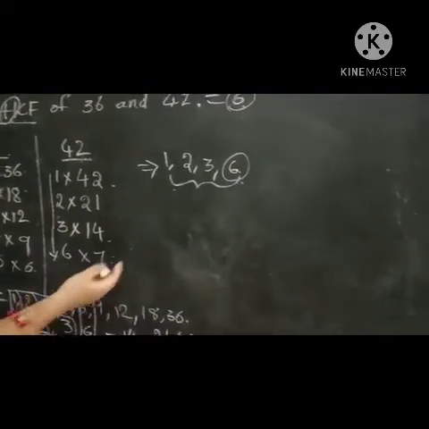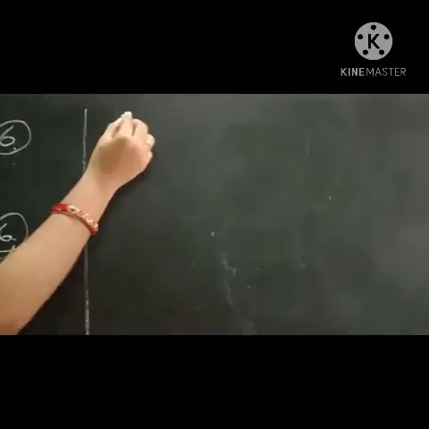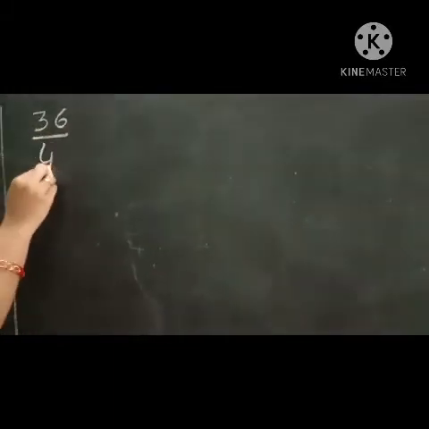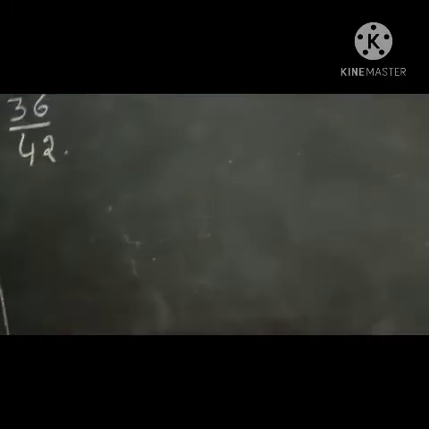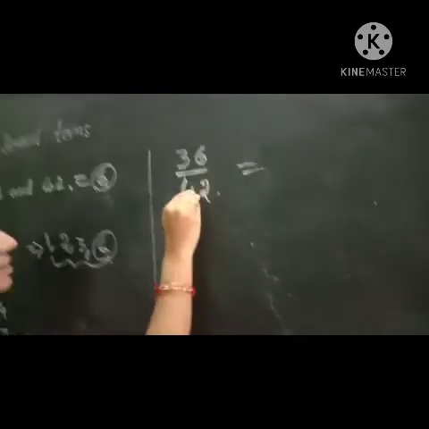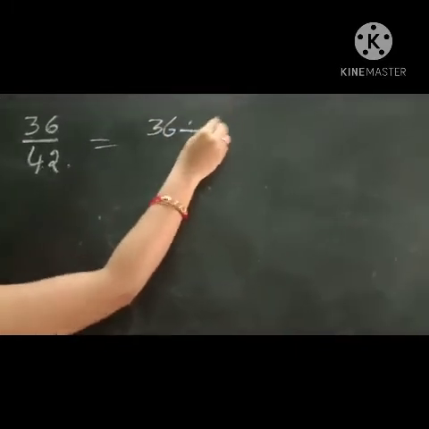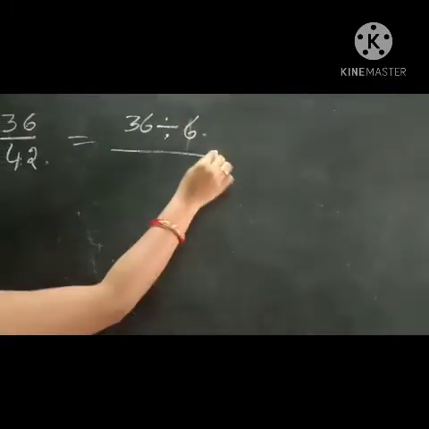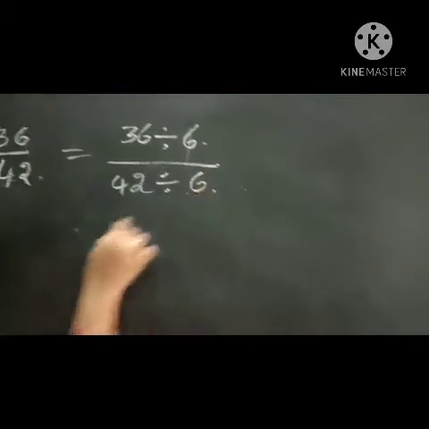Okay, now see here, what we have to do. 36 by 42. What is the HCF number? The HCF number is 6. So here we have to divide these 2 numbers by 6. 36 divided by 6, 42 divided by 6.